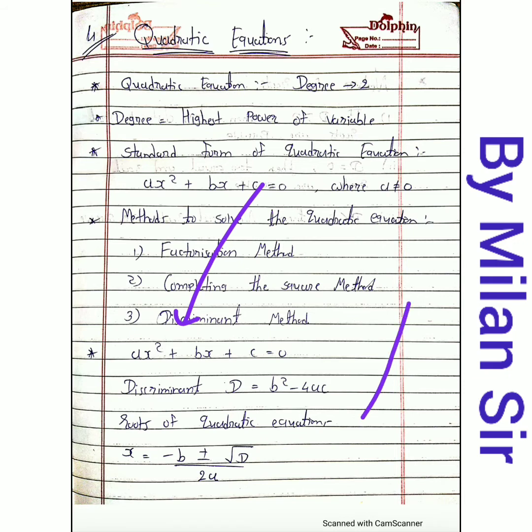After that, we can find the roots of the quadratic equation, that means the solution, that means the value of x. First of all, we will find D. After that, we can find the roots. x is equal to minus b plus or minus under root D by 2a. So here we get two solutions.